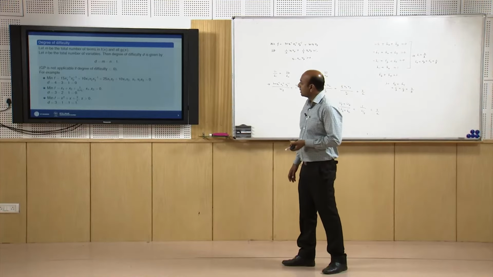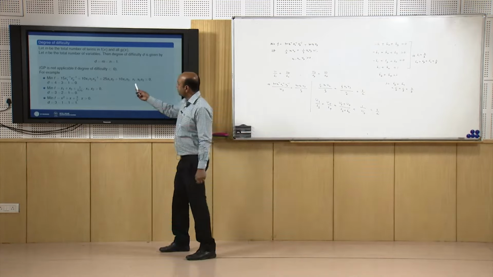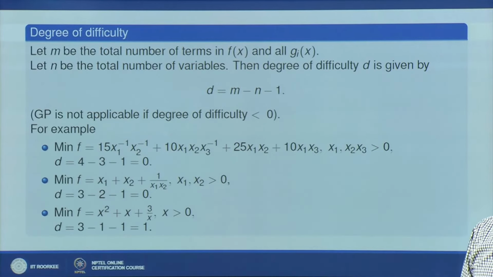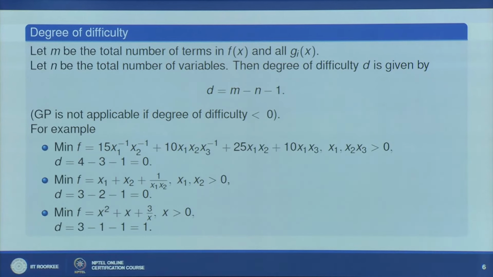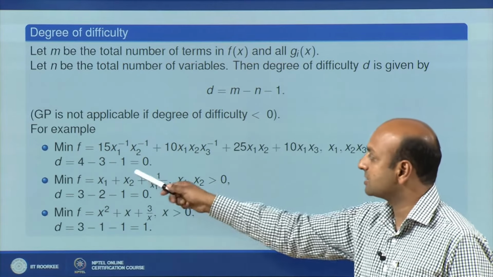Now, if you consider these problems, suppose the first problem. How many terms are we having? 1, 2, 3, 4, 4 terms. So, m is 4. How many variables, how many unknowns? 3, x1, x2, x3. So, m is 4, n is 3, so degree of difficulty will be 4 minus 3 minus 1, that is 0.